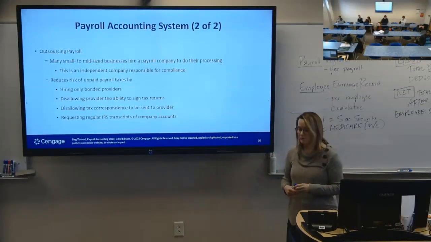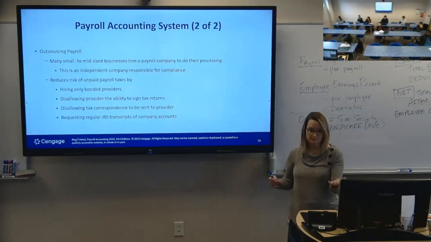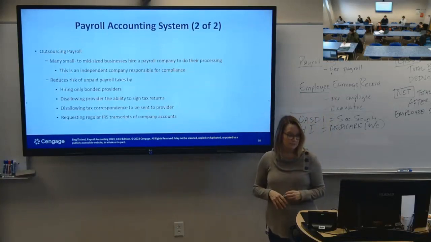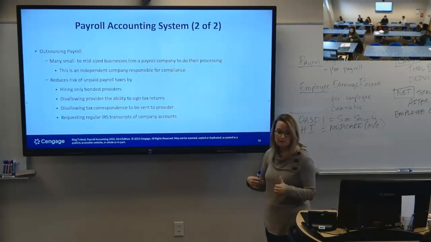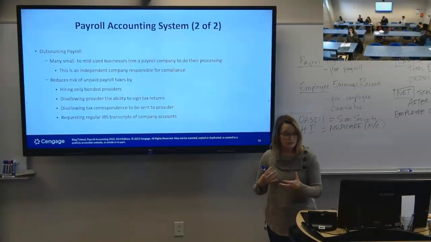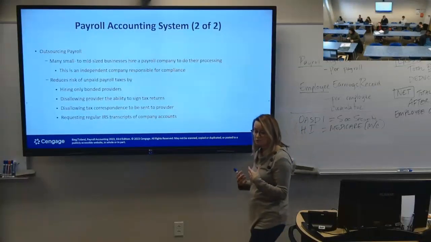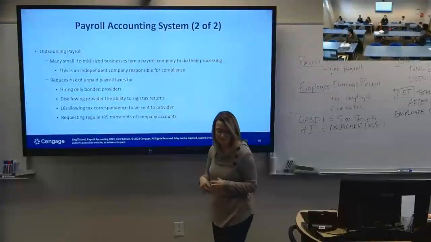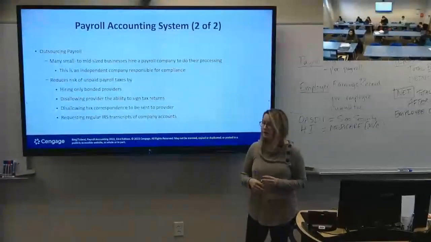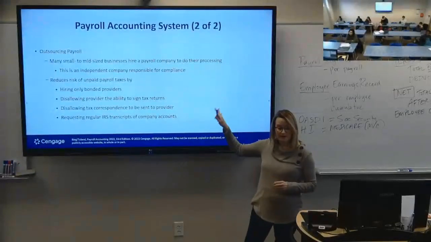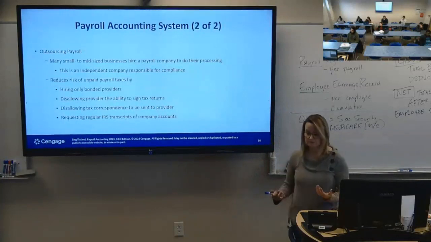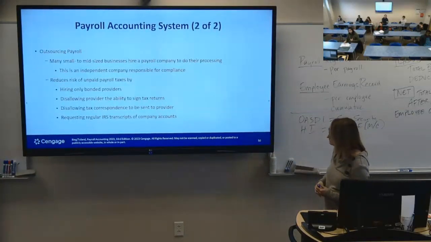We had a payroll manager and payroll clerks that processed all of that payroll for those companies. So we were an outsourcing company. Oftentimes small CPA firms or bookkeeping firms provide this service as well. They're less expensive than the bigger guys. But you've got to make sure that they are reputable, that they've been around and doing it for a while, and that they'll take responsibility for any errors that occur.